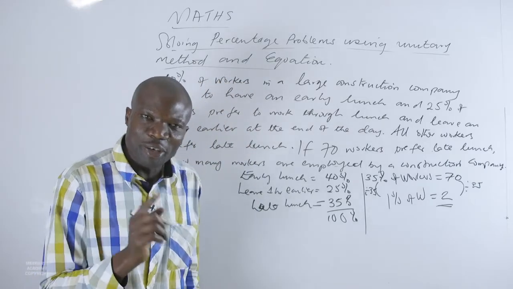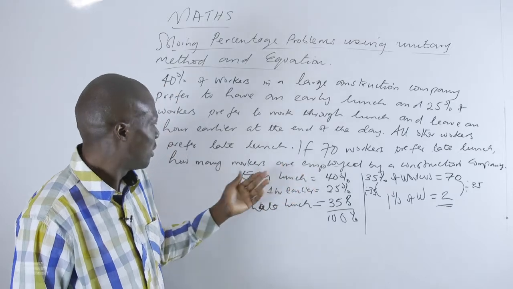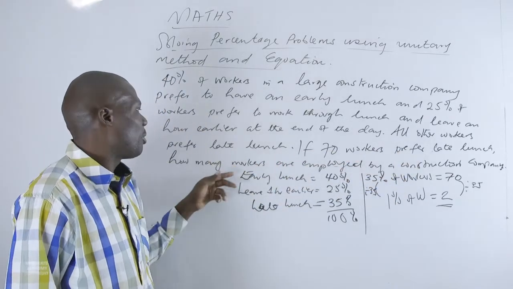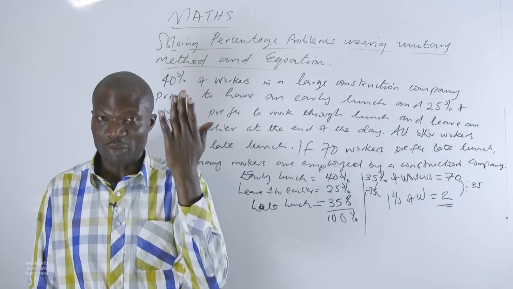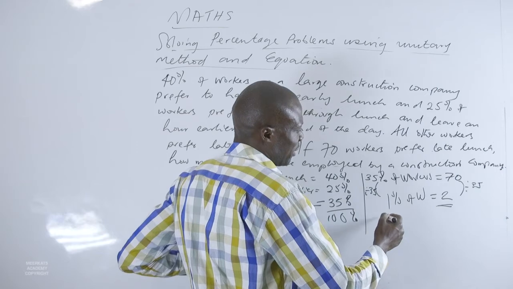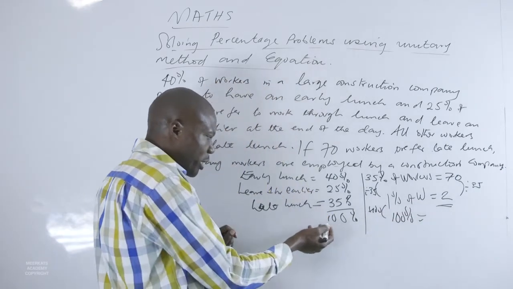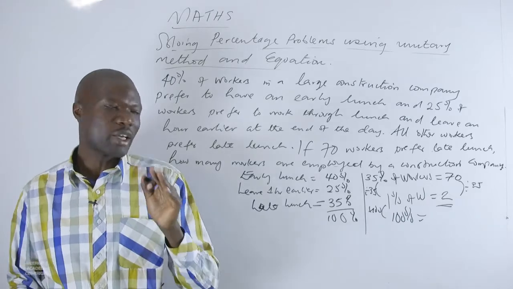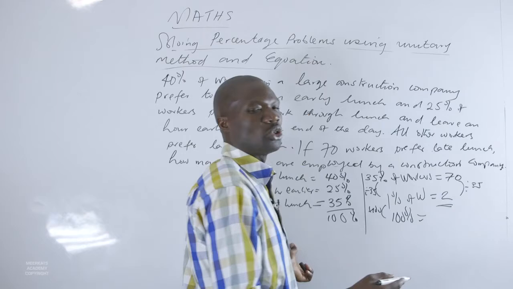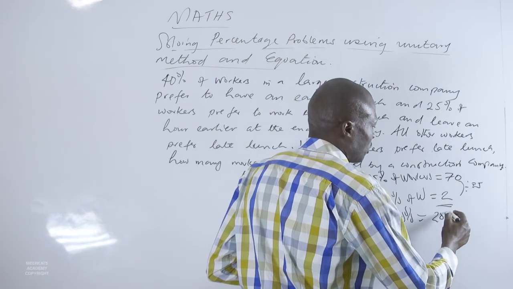Now that 1% is 2 workers, we answer the question: if 70 workers prefer late lunch, how many workers are employed by the company? They are 100%, so you simply multiply by 100 to get the total population of employees in that company. 2 workers multiplied by 100 is 200 workers.